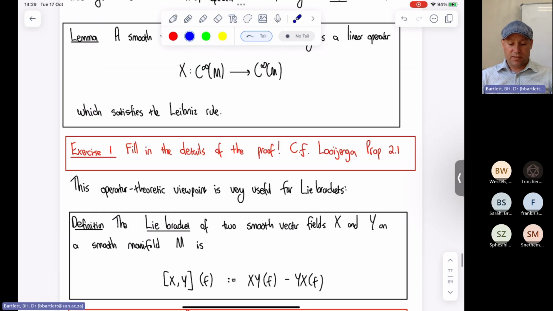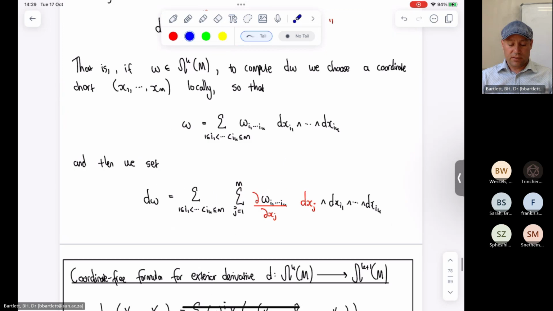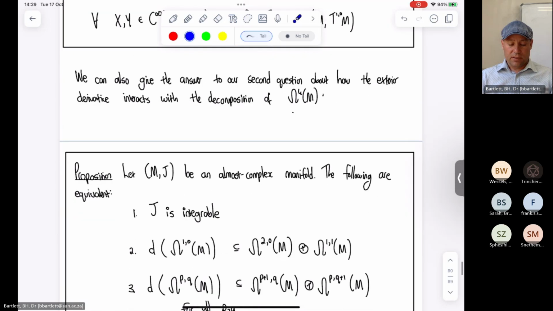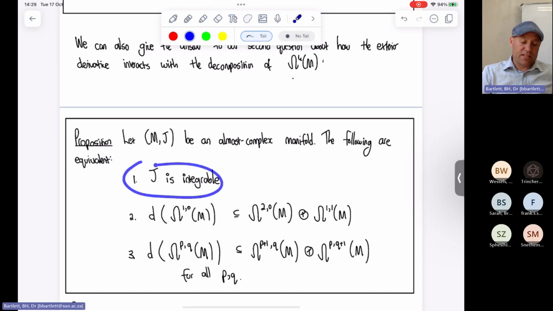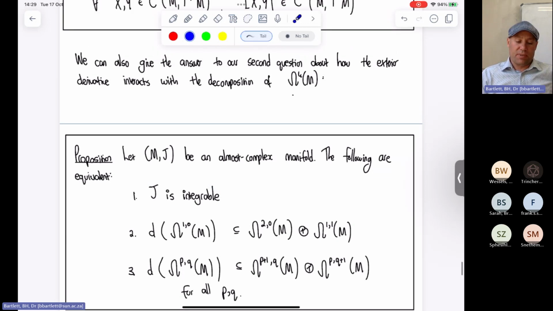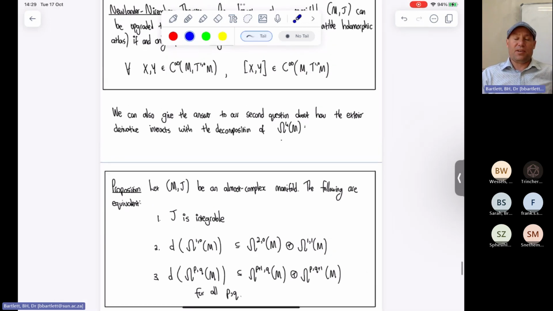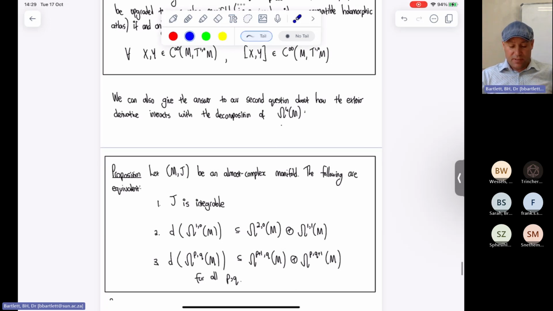And here's the answer. If you've got an almost complex manifold, then the following are equivalent. Firstly, that J is integrable, which, as we know from the Newlander-Nirenberg theorem, means that it can be upgraded to an actual complex manifold.